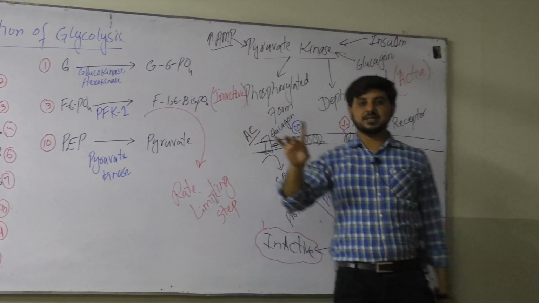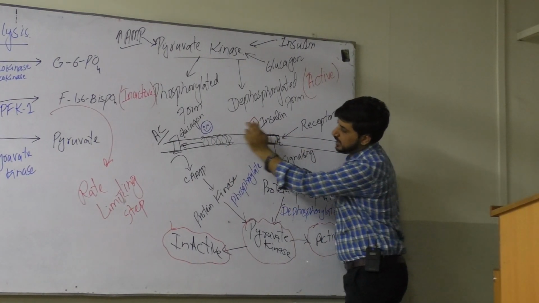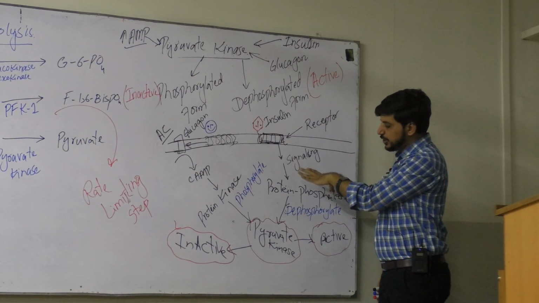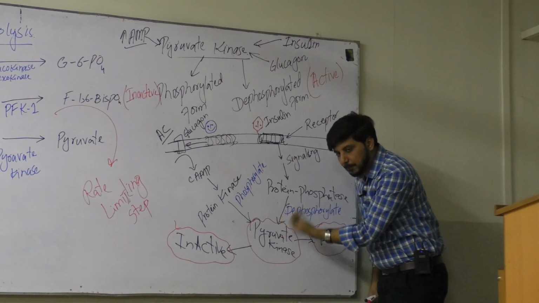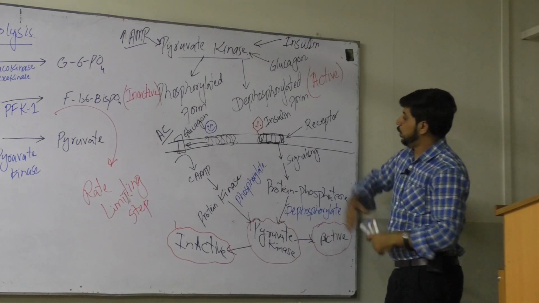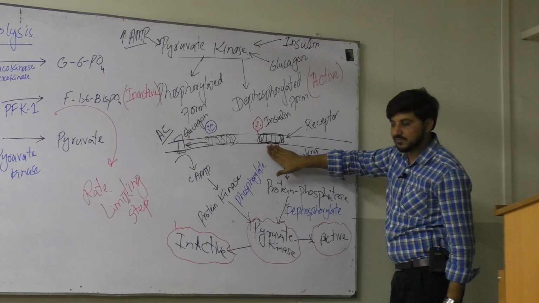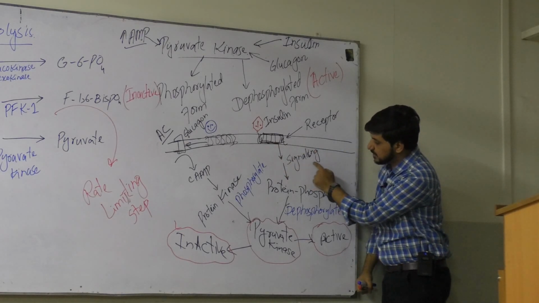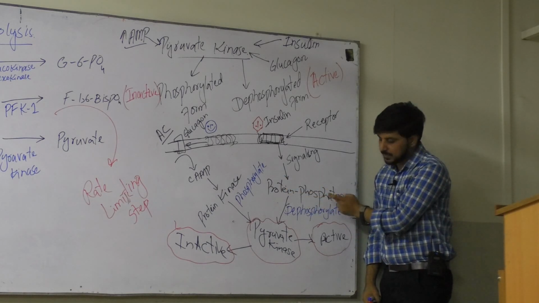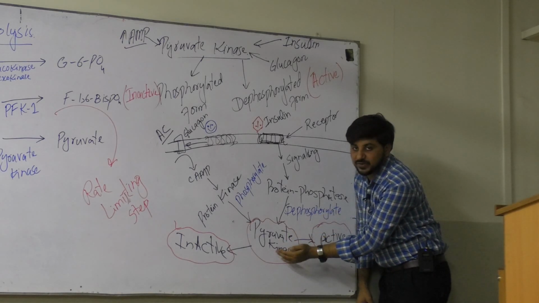Let me explain this once again. We have two hormones: number one is insulin and number two is glucagon. And how are these going to upregulate or downregulate the activity of the pyruvate kinase enzyme? When the insulin hormone comes, it will become attached to the receptor. After that, there will be a signal cascade toward the protein phosphatase enzyme, and this enzyme will simply dephosphorylate the pyruvate kinase.